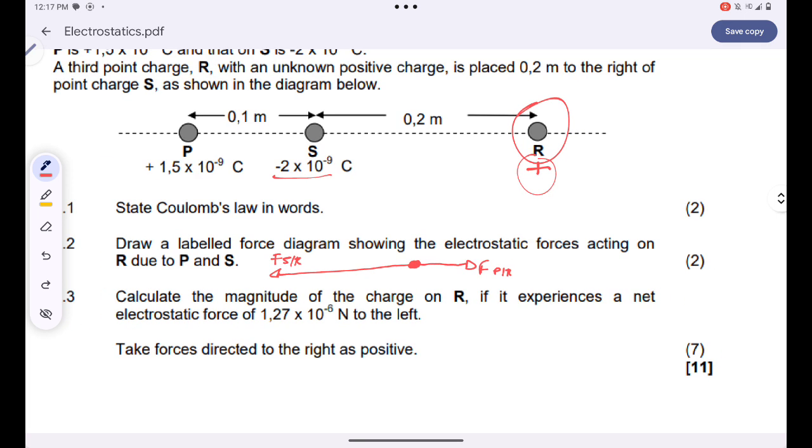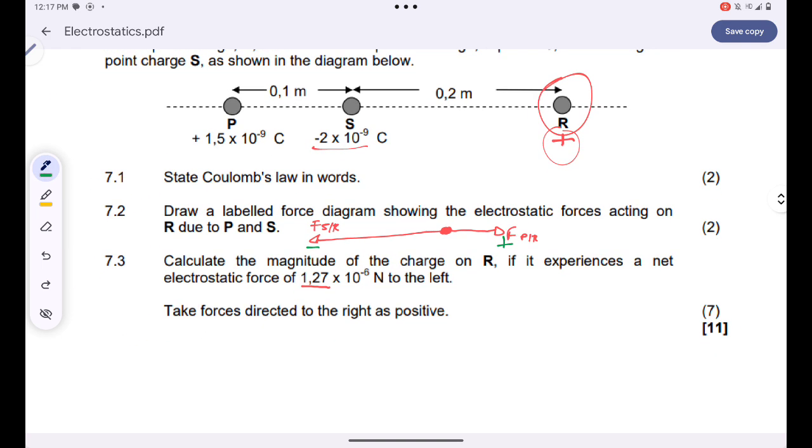And then now we are told to calculate the magnitude of the charge on R if it experiences a net electrostatic force of 1.27 times 10 to the power negative 6 newtons to the left. Take forces directed to the right as positive. They're telling us to take the forces directed to the right as positive, which simply means I have a positive here and this one will be negative.